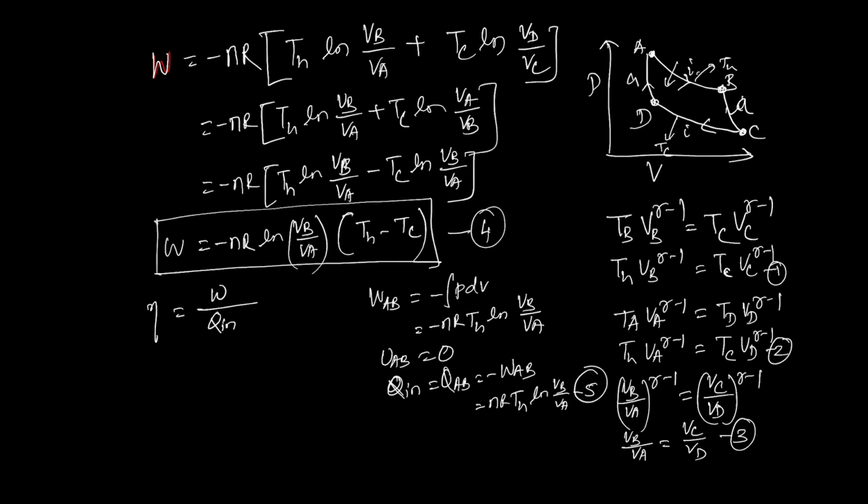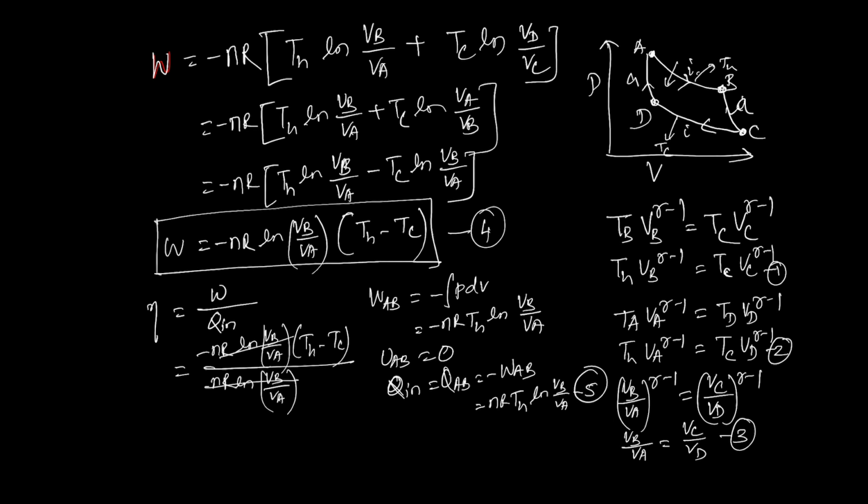So therefore, we get W as minus NR ln Vb by Va times Th minus Tc, divided by Q in, which we got from 5 as plus NR Th ln Vb by Va.